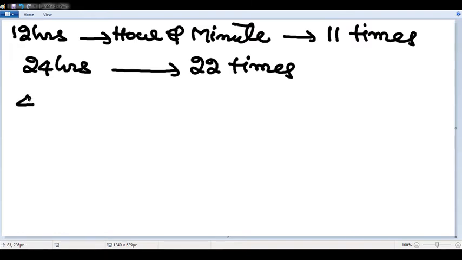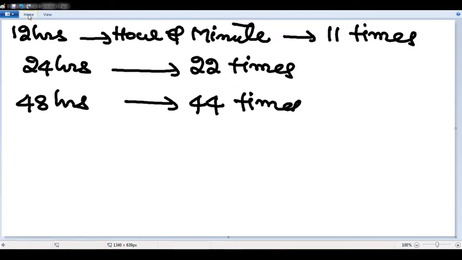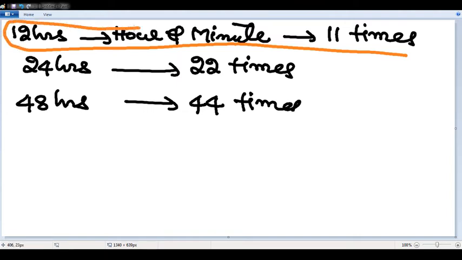If it is 48 hours, it will meet 44 times. Very, very important point. Both the hour hand and minutes hand will meet 11 times in 12 hours.